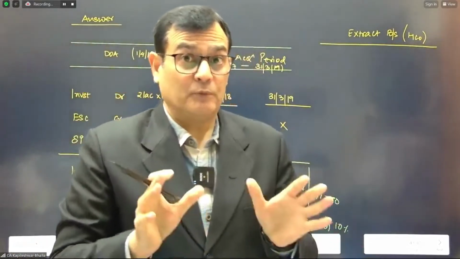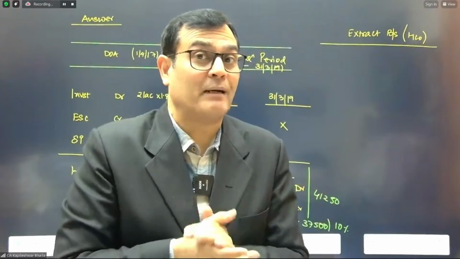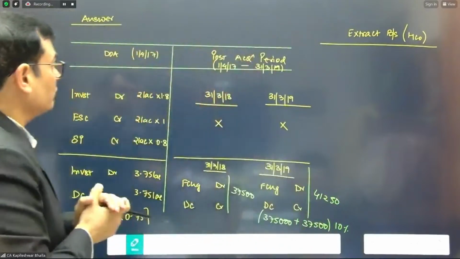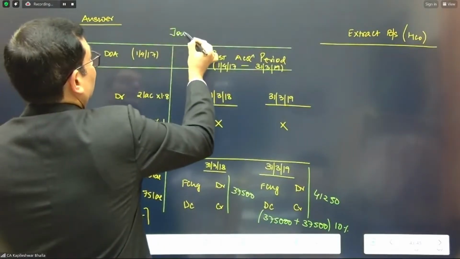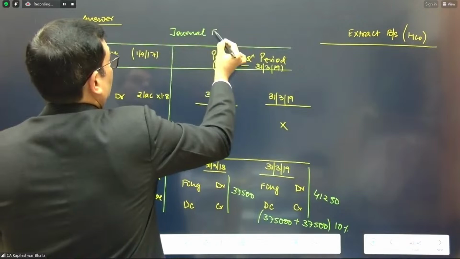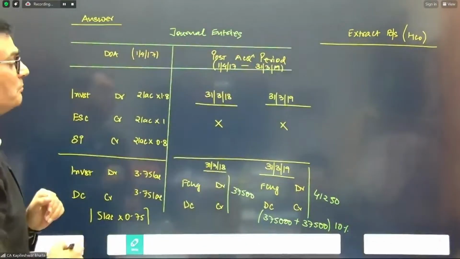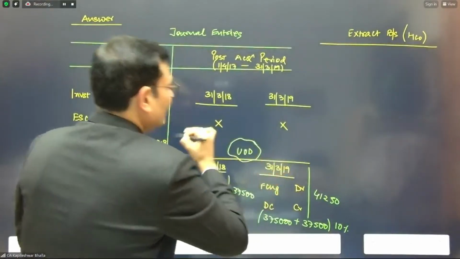Okay, so trust me, what I'm doing right now is not exactly a consolidation. It is the impact of Ind AS 103, which has been missed out, and we're putting the journal entries which the company should have passed on acquisition date and in the post-acquisition period. So this is the UOD, unwinding of discount.